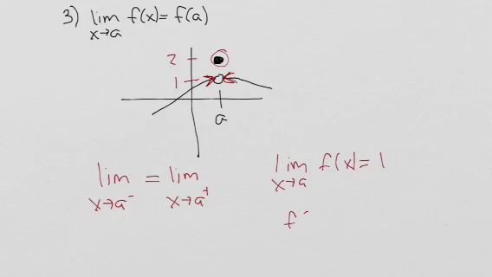But the value of the function at A would equal 2 because that's where the colored in spot is. So because the limit is different from the actual value at that spot, we have another point of discontinuity. Obviously, they're so obvious visually, but it's about starting to understand what makes them discontinuous.